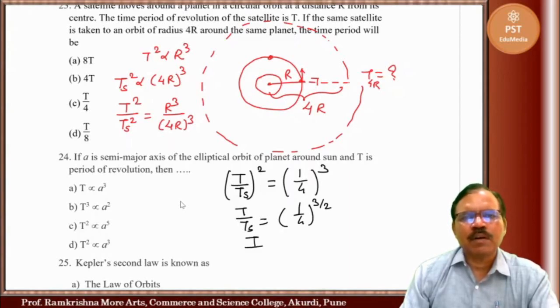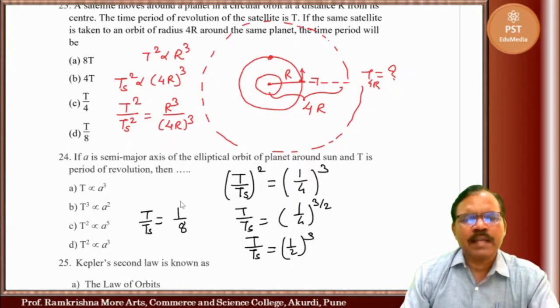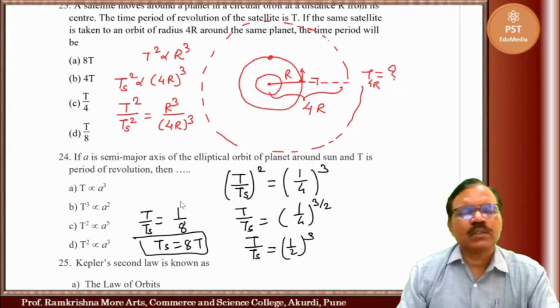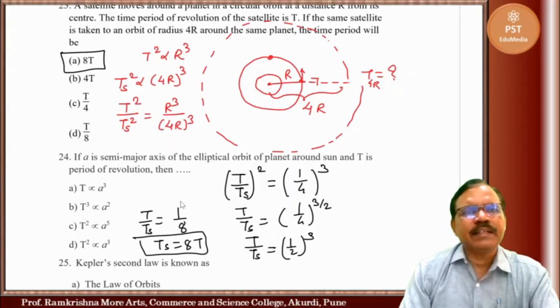So t upon Ts will be equal to 1 upon 4, its root is 1/2, raised to cube. So t upon Ts will be equal to 1 by 8. So Ts will be 8t. So the new period will be 8t.